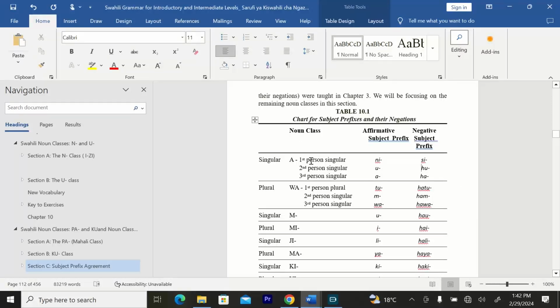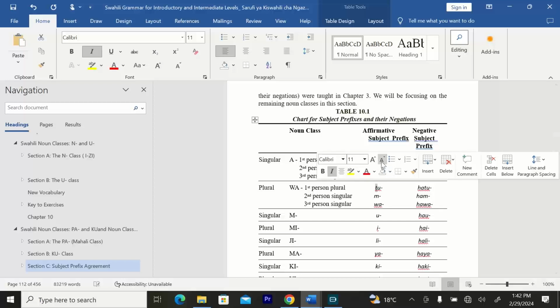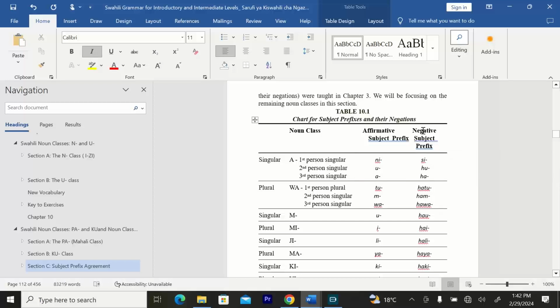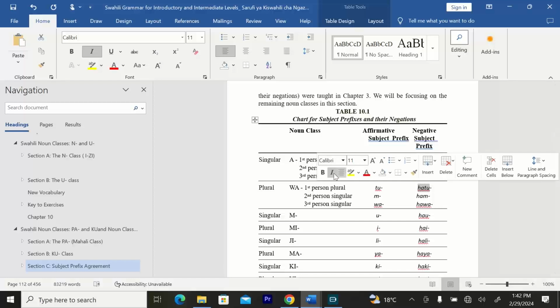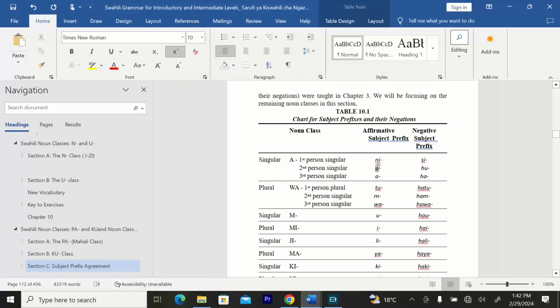First person in singular, first person in plural. Ni is tu. Negative si is hatu. Second person u is m. The negative of u is hu, and the plural is ham.